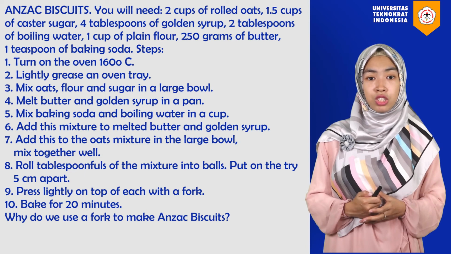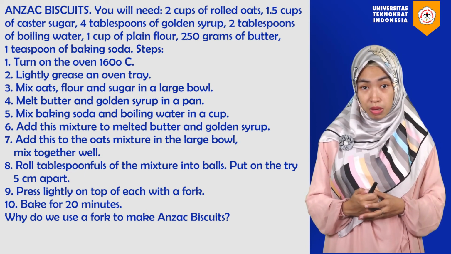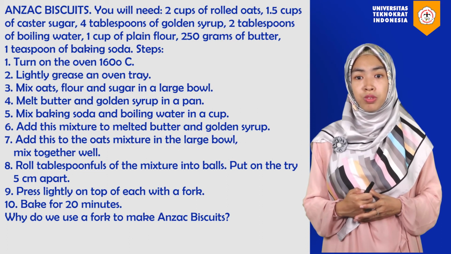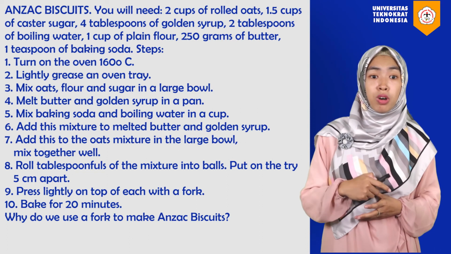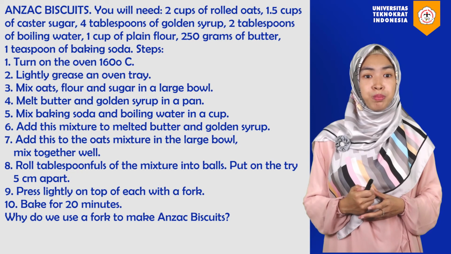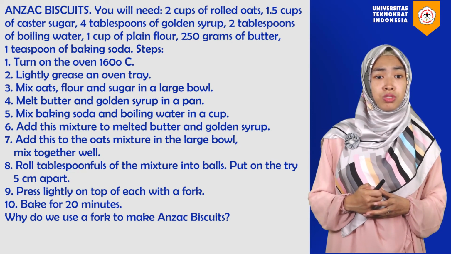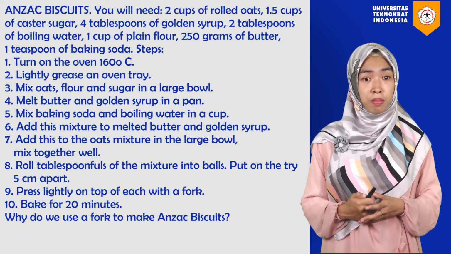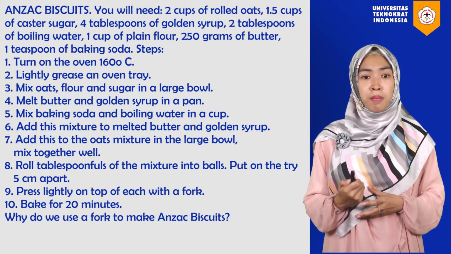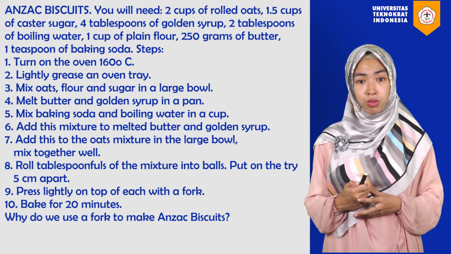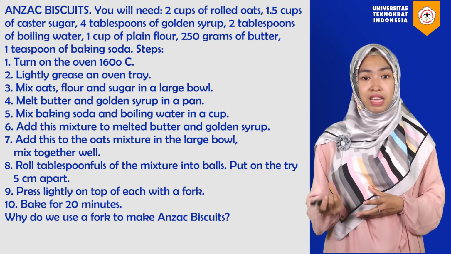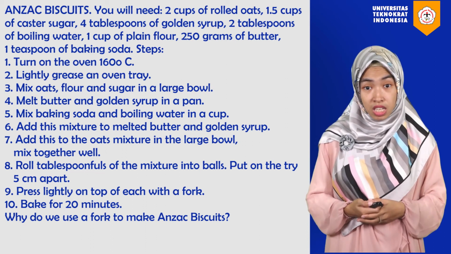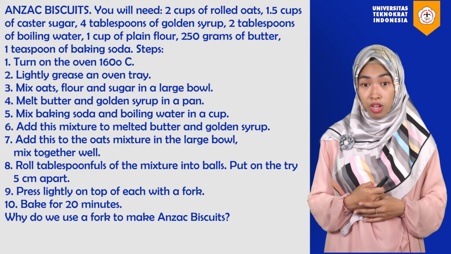And then add this to the oats mixture in the large bowl. Mix together well. Next, roll a tablespoonful of the mixture into balls. After that, put them on the tray, 5 centimeters apart, and then press lightly on top of each with a fork. After that, bake for 20 minutes. That's the last step.